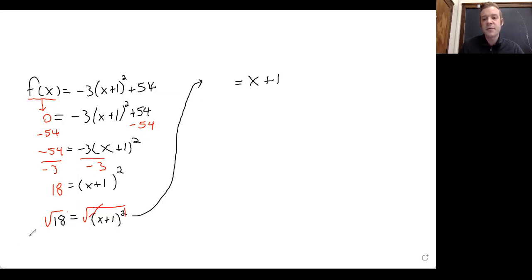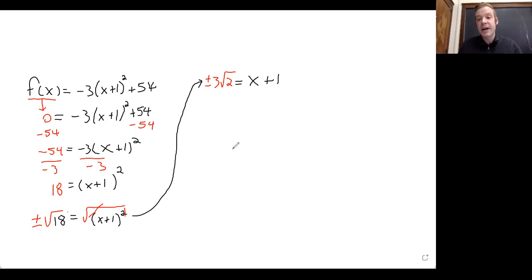On the left-hand side, if we follow our process for simplifying this square root, we will end up with 3 square root of 2. And like I said, if you've not watched my video on simplifying square roots, I would suggest going and taking a look at that. But just like the last example, we have both the positive and the negative of this square root. So we're going to have both the positive and the negative of this.